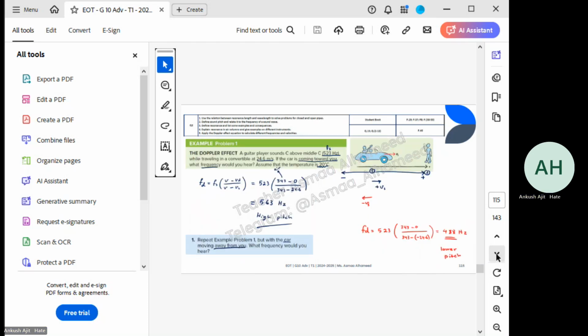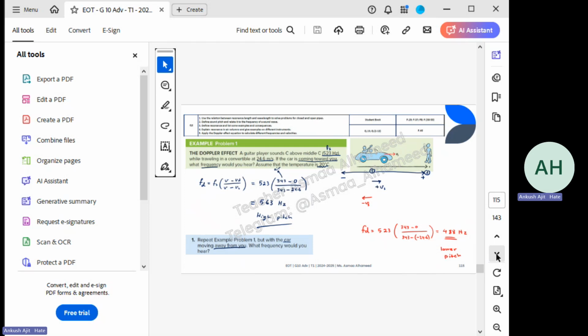So these are the sums. Everything is given to you; you should understand this. Traveling in a convertible at 24.6, it will be positive only.